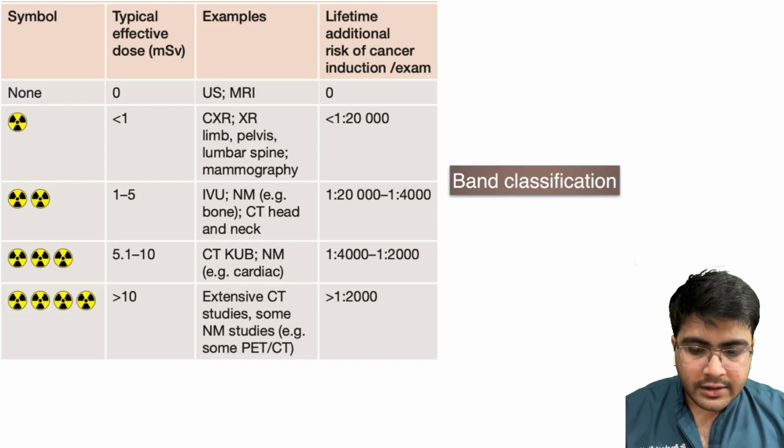And finally, if you have four symbols, the typical effective dose is more than 10 millisieverts, and it is basically seen in extensive CT studies or nuclear medicine studies like PET scan, and the lifetime additional risk of cancer is 1:2,000.